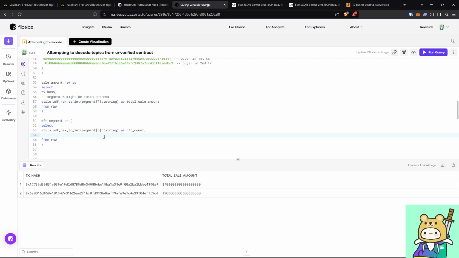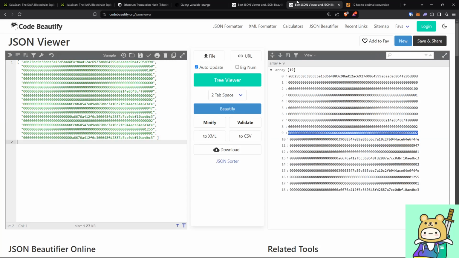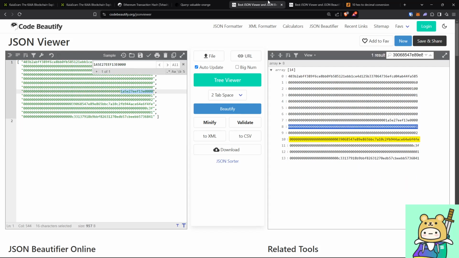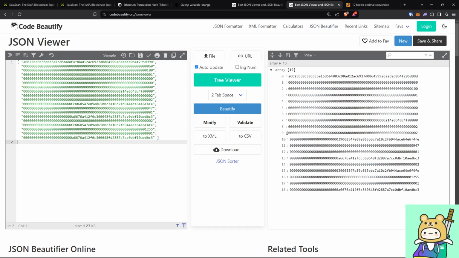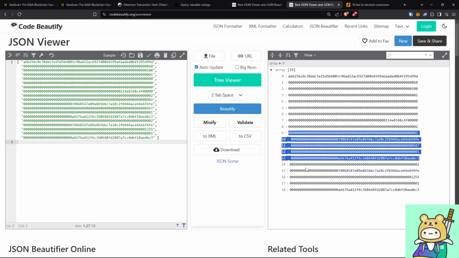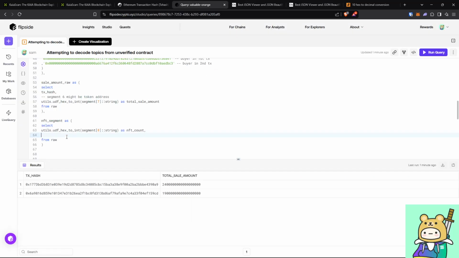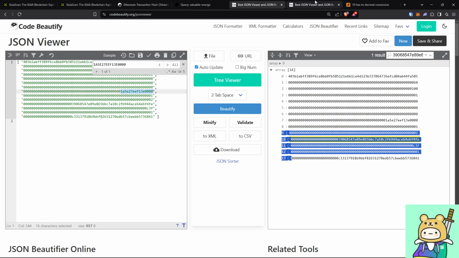And so if we know the NFT count, how are you able to dynamically get the NFT stuff, right? The way that we do that is because we know the number of lines for each NFT segment. So in this case, 9 to 13 is 5, and if we see here, 9 to 13 is 5, and 14 to 18 is 5. So the next 5 lines represent each segment.